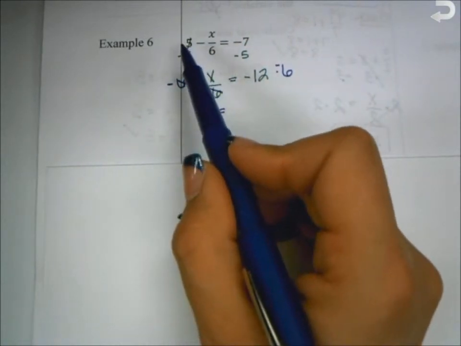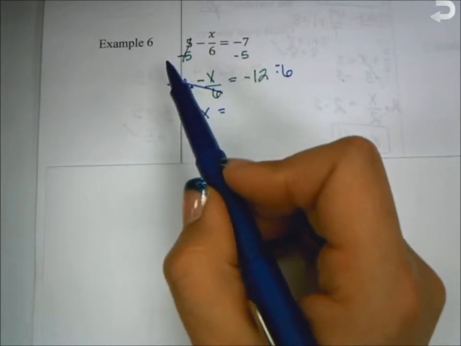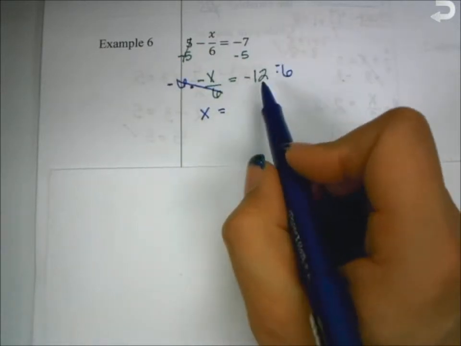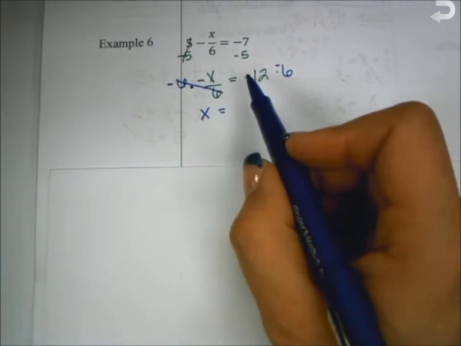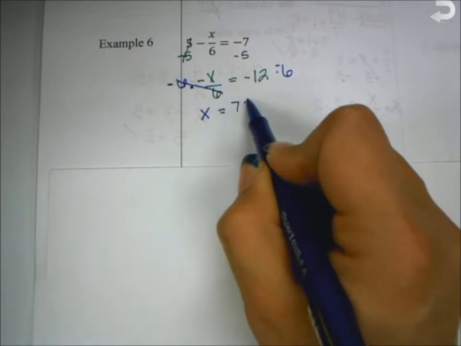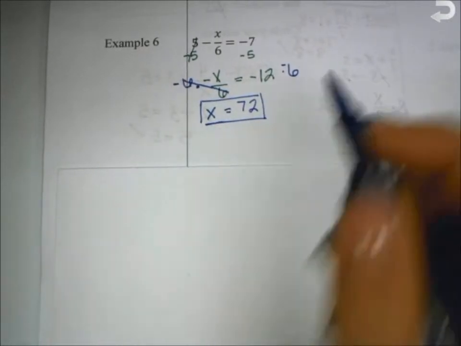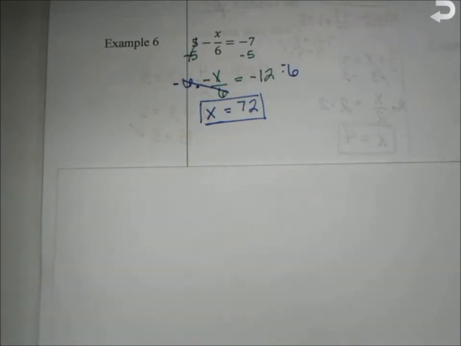Negative 12 times negative 6. Positive 72. Okay, how do I check it? Exactly. I check it by plugging it all back in.